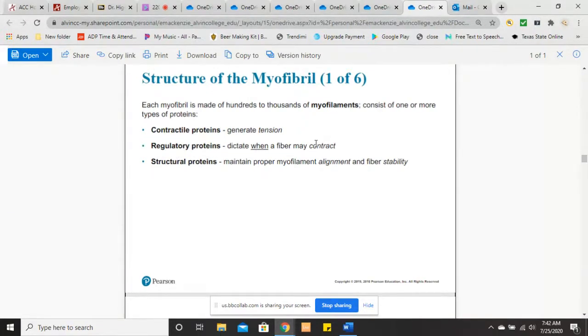And this is very important for skeletal muscle tissue because remember, you control it. So you don't want skeletal muscle tissue contracting without your permission. Otherwise, you'll be walking and moving around without any control. So to partially help you control when you do your movement, you have regulatory proteins. And then there are some proteins that provide stability, structural integrity. They provide structural support, so we call them structural proteins.